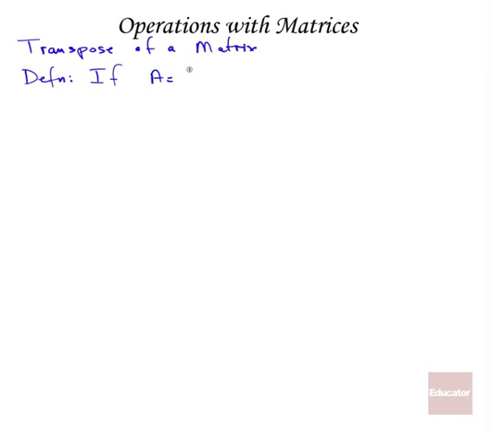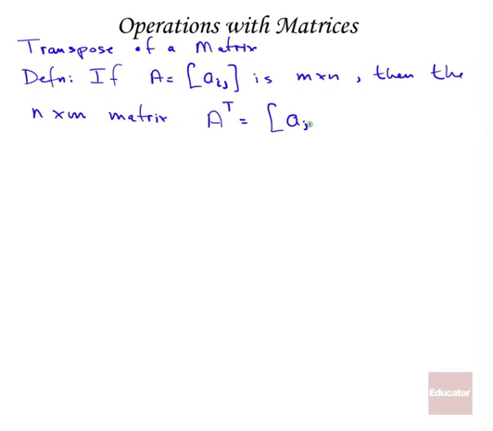If A is equal to A sub ij and is m by n, then the n by m matrix, notice I switch those, A with a little t on top, which stands for transpose, equals A sub ji.